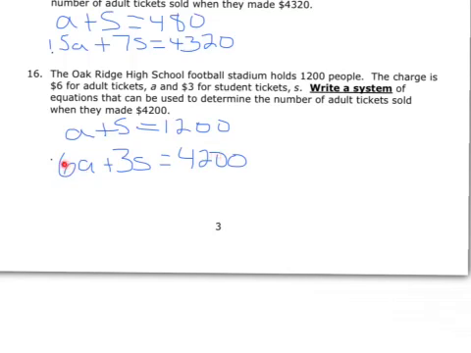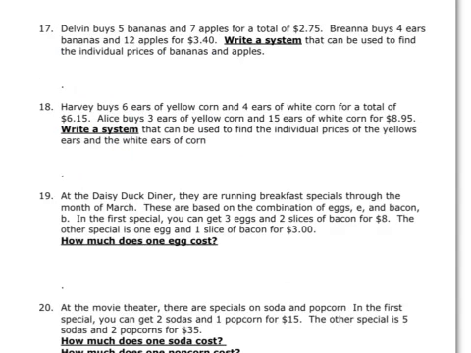This gives us a value of however many adults went for $6 per ticket. This gives us the value of however many students went to the game times $3 per ticket, and together those values equal $4,200.